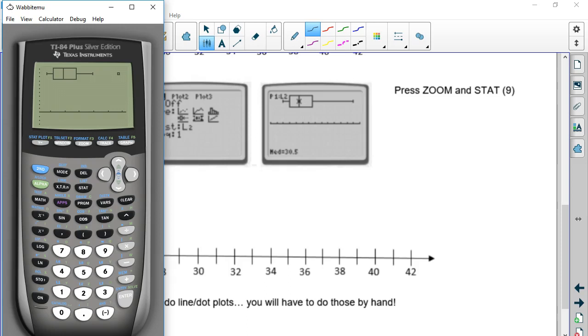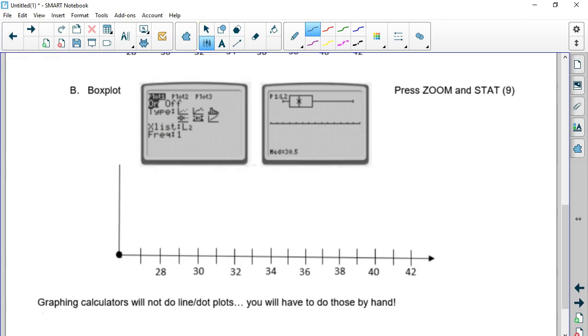And you know what these numbers are, but there you go, 28, 29, 30.5, 32.5, and 35. And we got that from our summary.